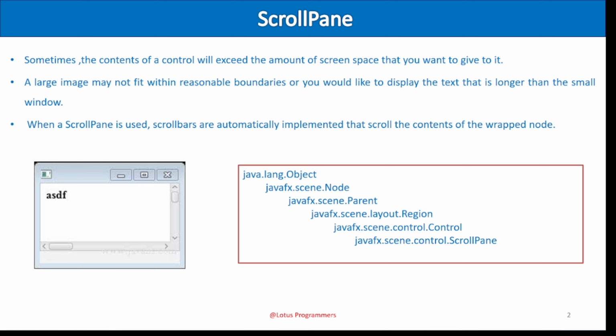So this means generally in the JavaFX scene, components like image view, list view, label, text field, button and all other components, when added to the scene, if the size of the component exceeds the range of the scene, we would like to see the component on the scene.